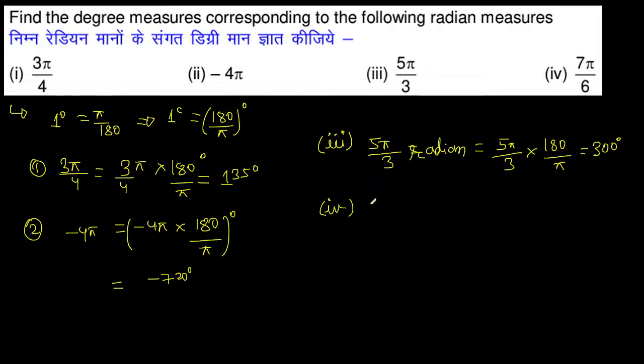Fourth number, 7 pi by 6 radian. This is 7 pi by 6 into 180 degrees by pi. If you consider this, it is 210 degrees.